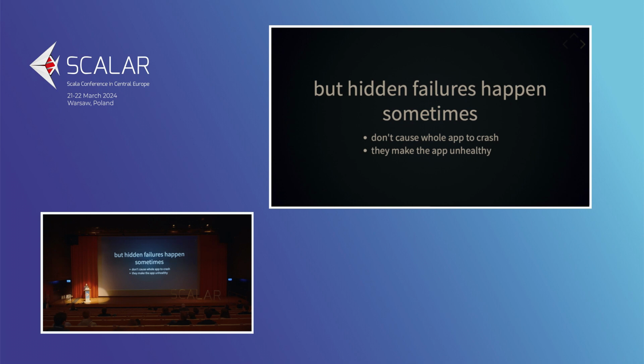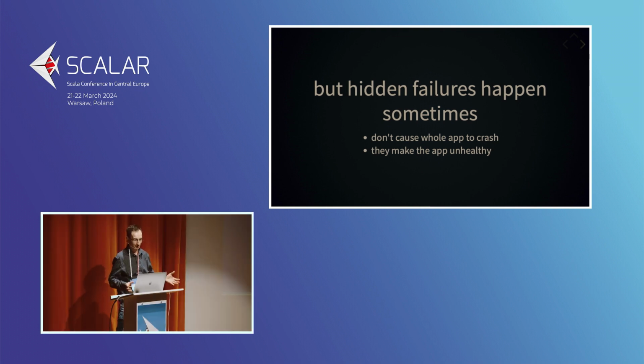So yeah, hidden failures, they happen sometimes. They don't cause your whole app to crash, but internally, something is wrong. As an example, let's think of an app which has an HTTP server inside. It works, the server is up and running, but when you send a request, 500, 500, 500, internal server error, all the time.